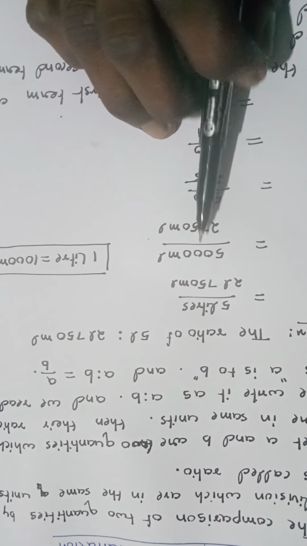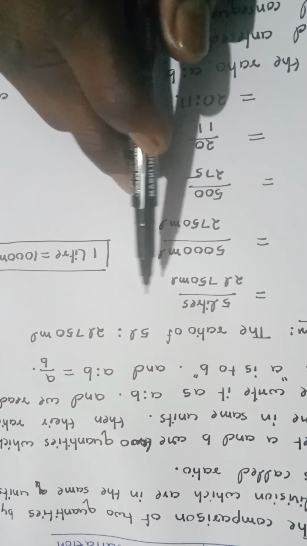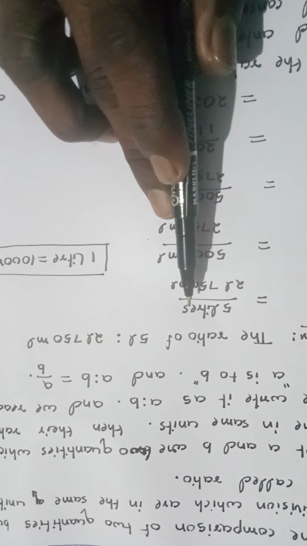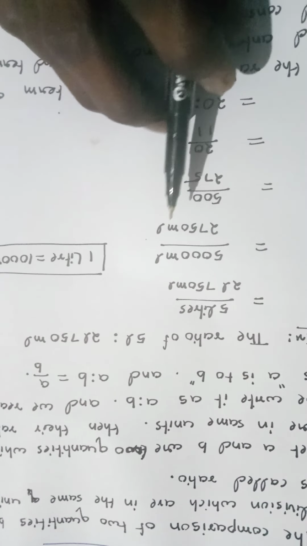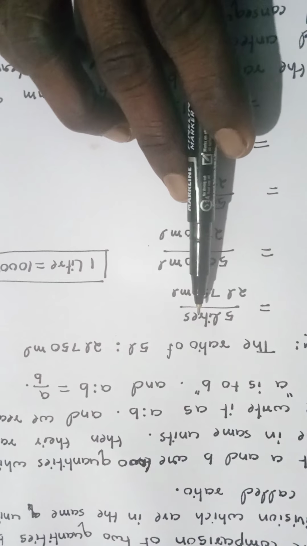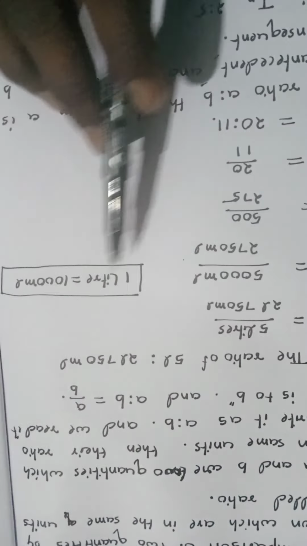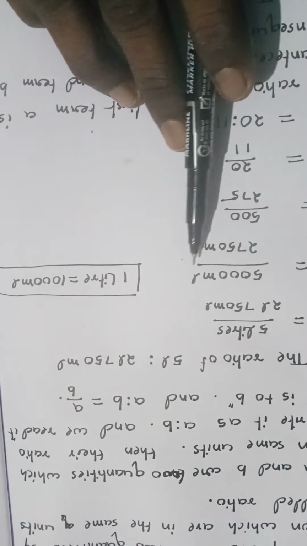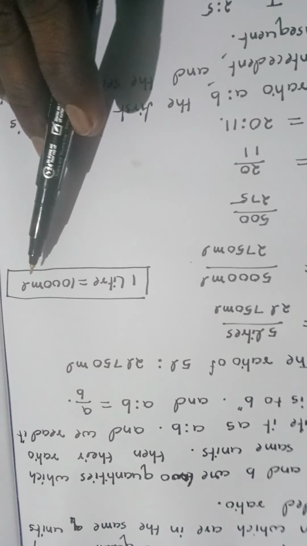That means we need to bring both quantities into the same units. For that, I can convert the liters into milliliters, or milliliters into liters. Now I am going to convert the liters into milliliters. 5 liters is nothing but 5,000 milliliters. Why? Because 1 liter is equal to 1000 milliliters.